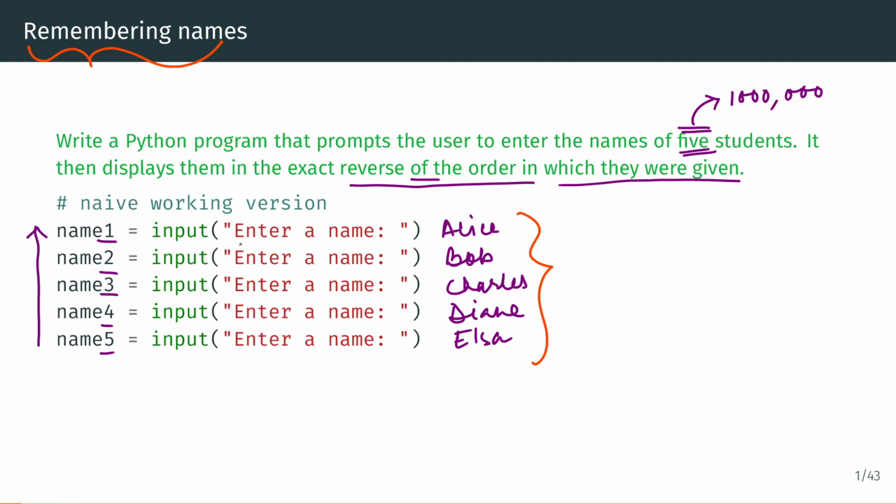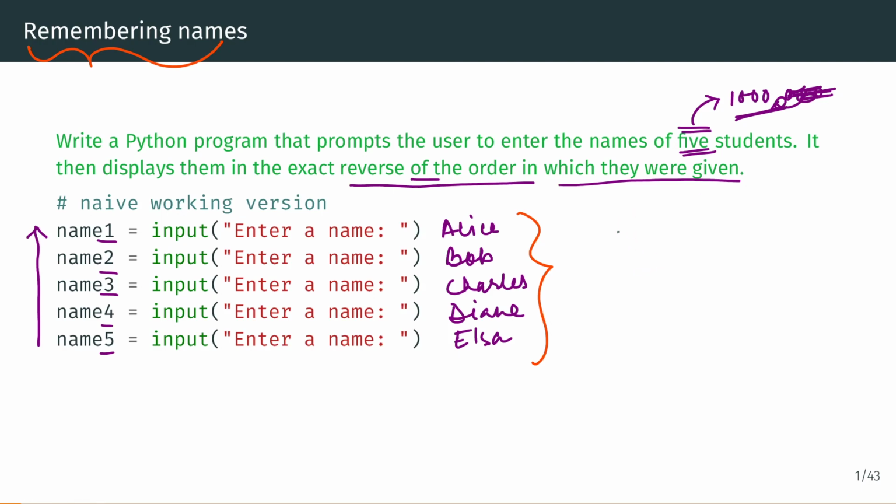If you want to modify this program so that it takes the names of 1,000,000 students, or 1,000 students, and prints them in the exact reverse order, you'd end up having thousands of variables. Let's keep it simple with 1,000.